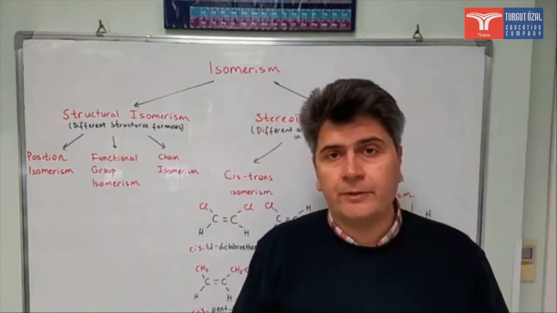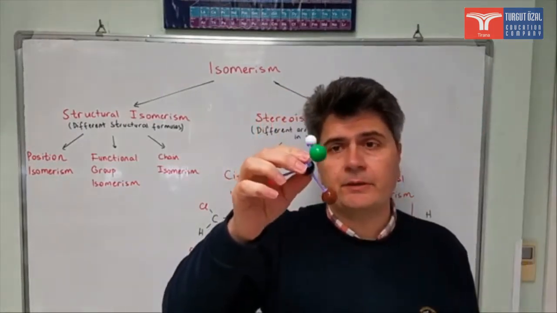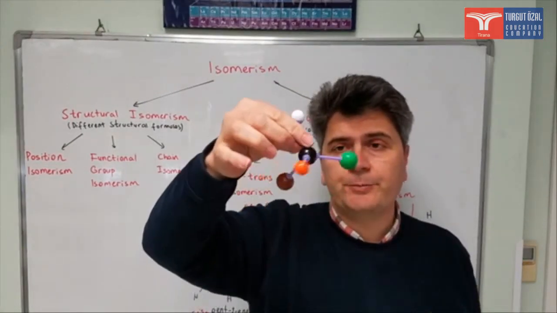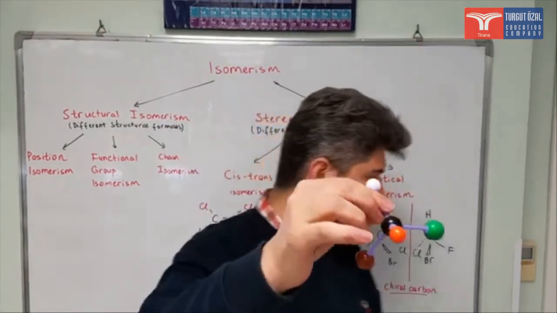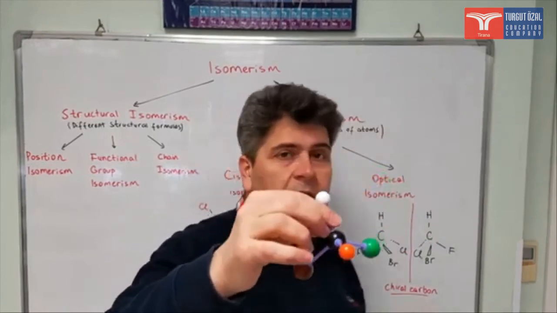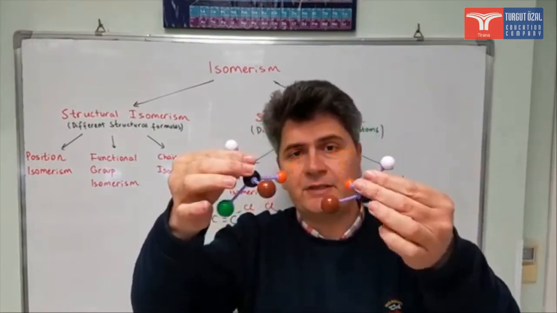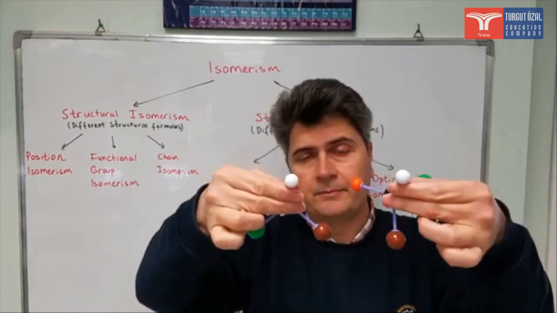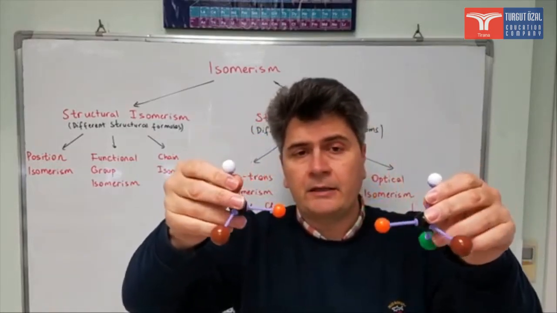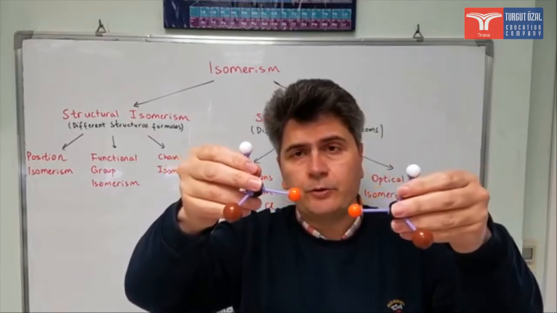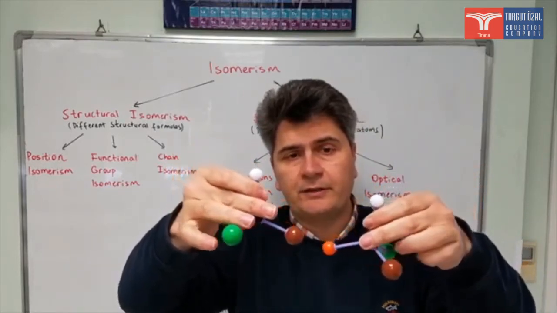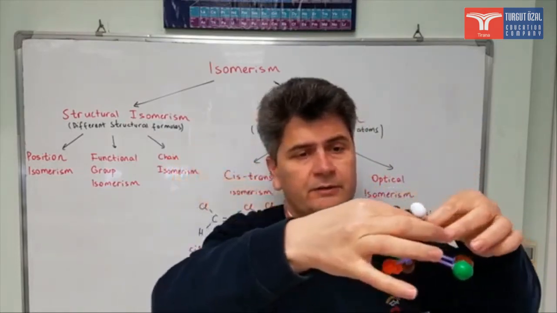Let me show you with the atomic models. Here I have 1 carbon atom. 4 different groups are attached to that, so it's a chiral carbon. Here I have another such molecule. As you see, the attachments are the same. And when I try to superimpose these on one another, I'm doing it like this.